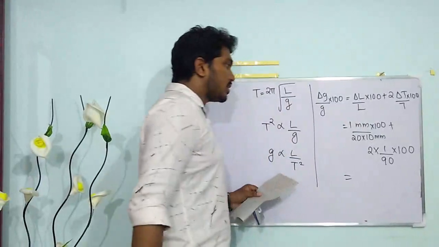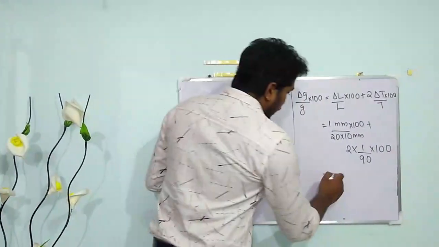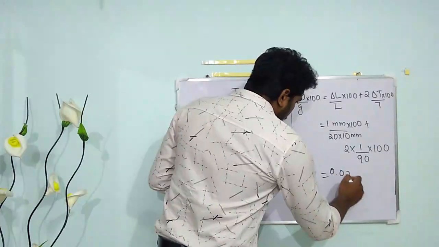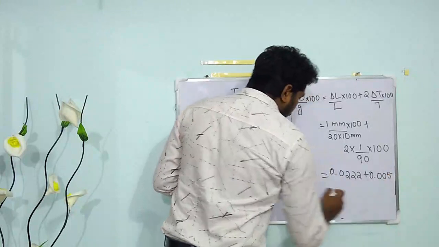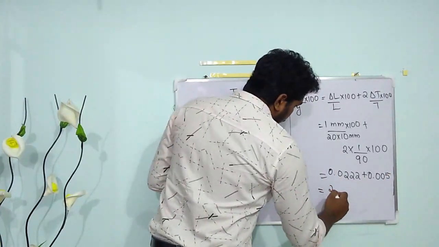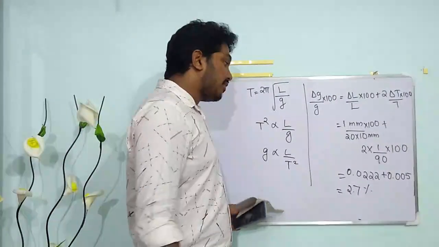Okay. So solve this. Millimeter units cancel out. So what do you get? You get 0.0222 plus 0.005. That is equal to 2.7 percentage.